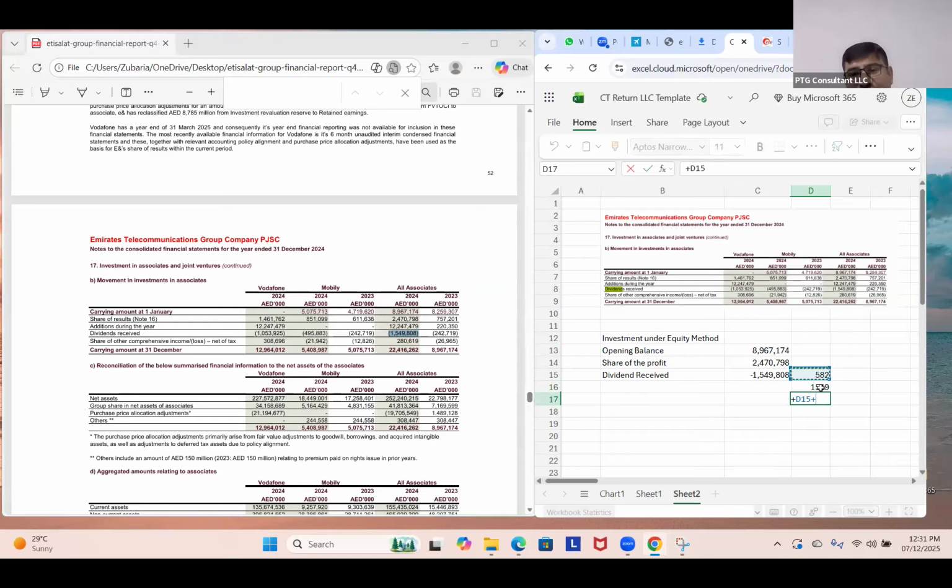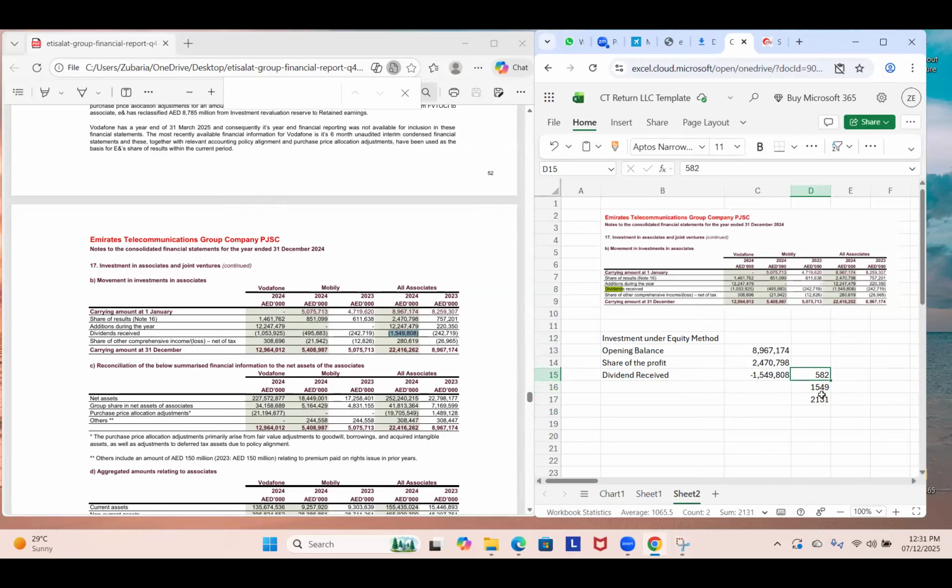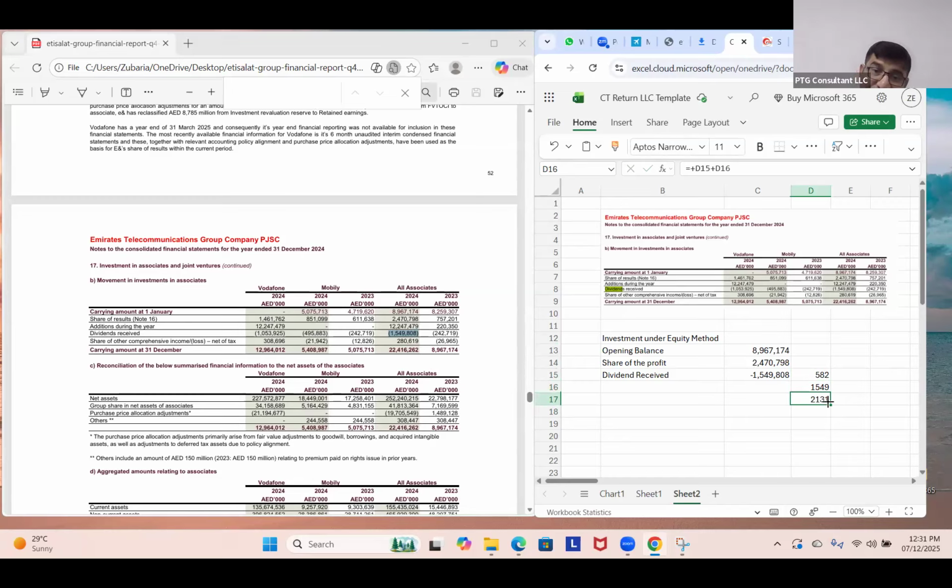Which means 582 minus this one. Is this 582 inclusive of this, or does it exclude it? This we have to understand, whether they reported in the same fashion. More likely, it would be reported in the same fashion.